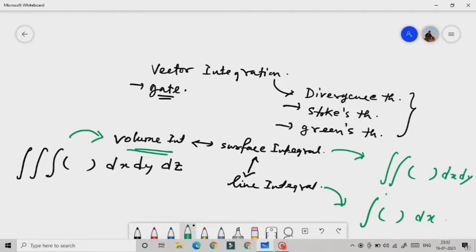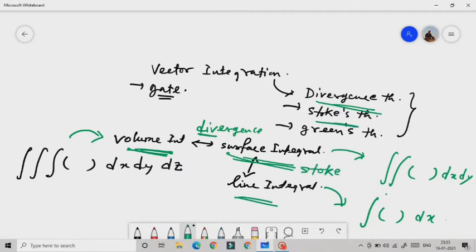When we talk about the relation between volume integral and surface integral, in that case you have the divergence theorem. When we talk about the relation between surface integral and line integral, in that case we have Stokes theorem.